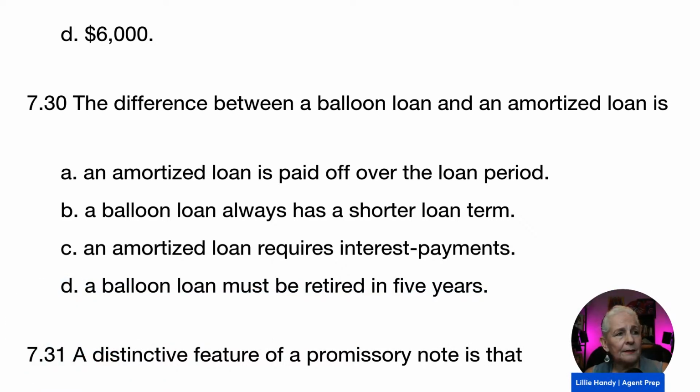But amortized loans are principal and interest. If it is an ARM loan, it is only interest and it's not paid off over the loan period, okay? There ends up being a large balloon payment at the end of whatever the loan period was.